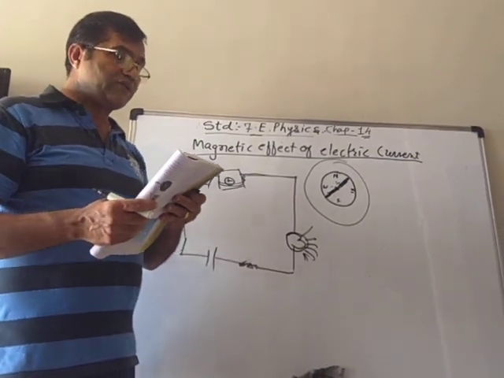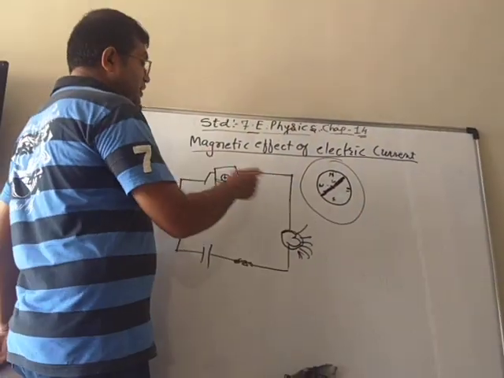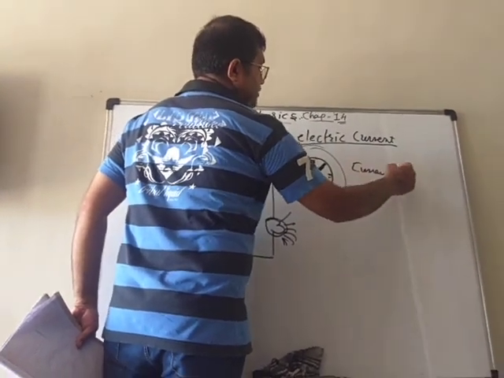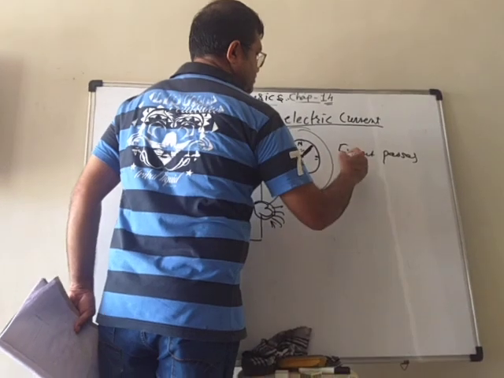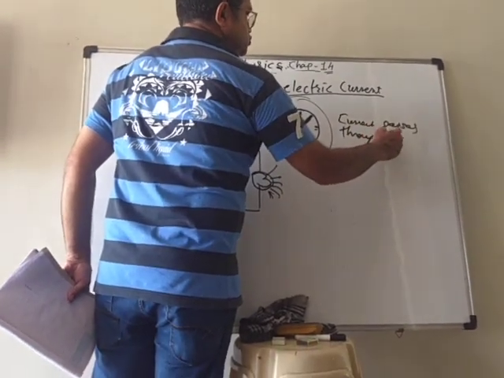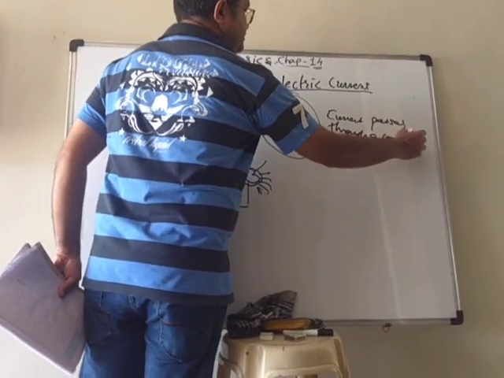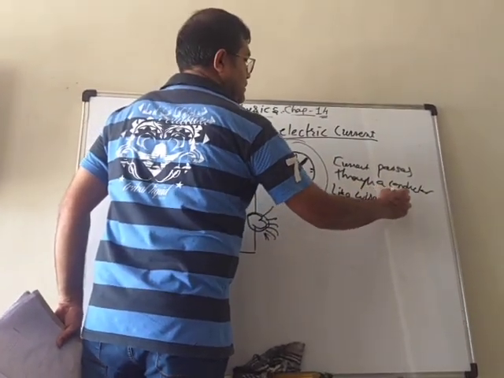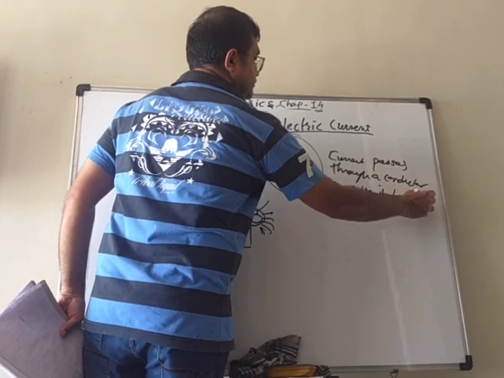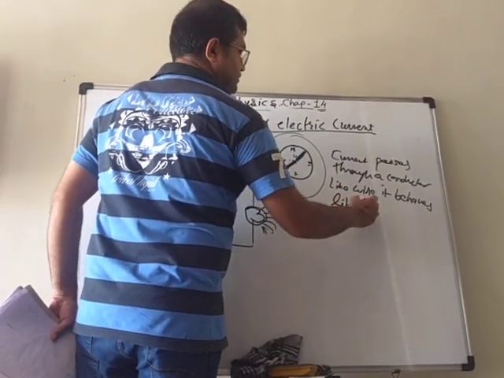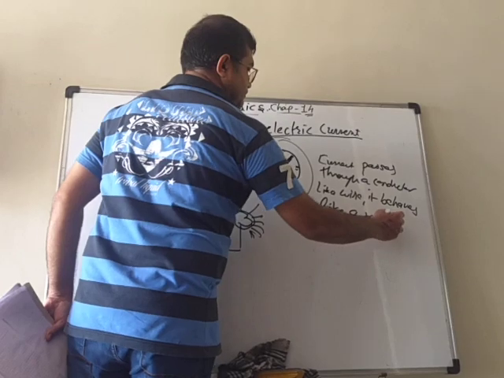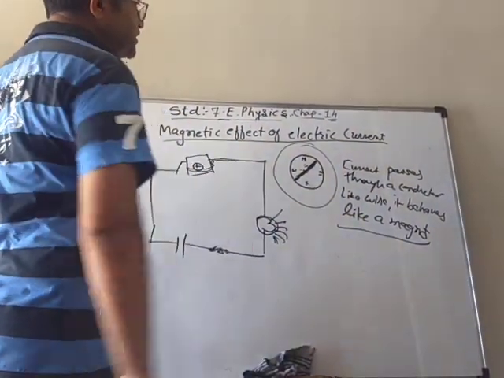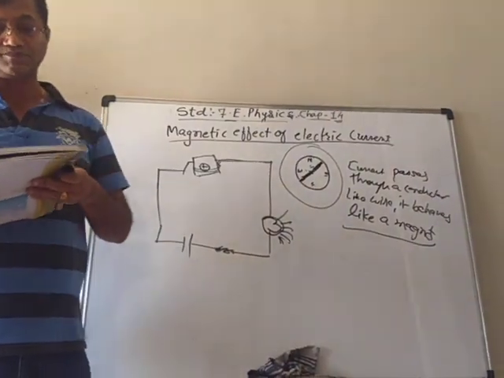It means that whenever current passes through a conductor like a wire, it behaves like a magnet. That is called the magnetic effect of electric current.